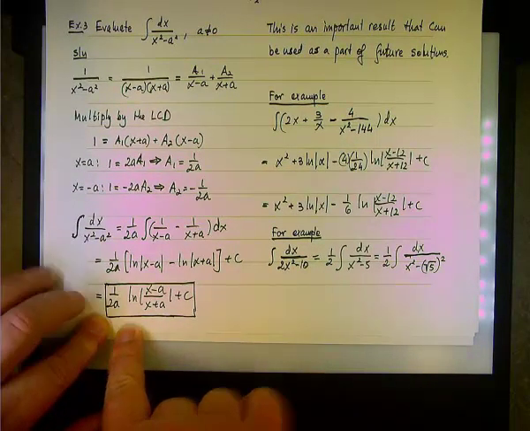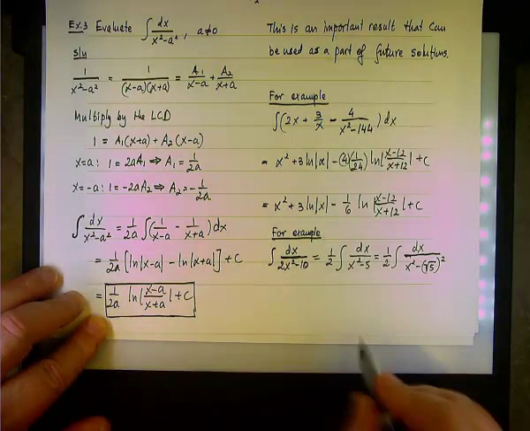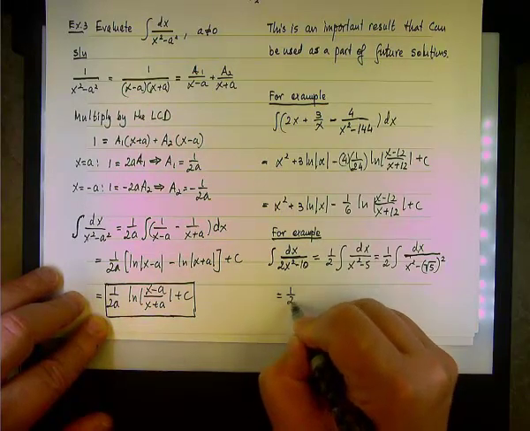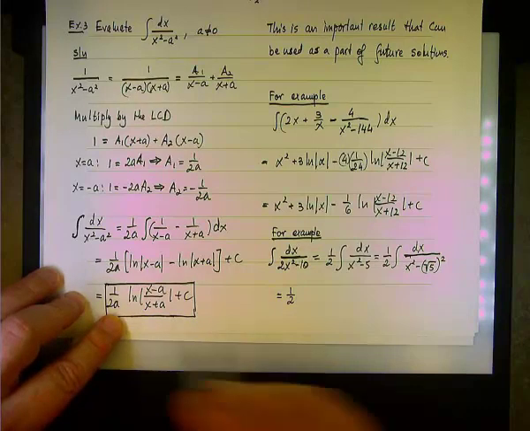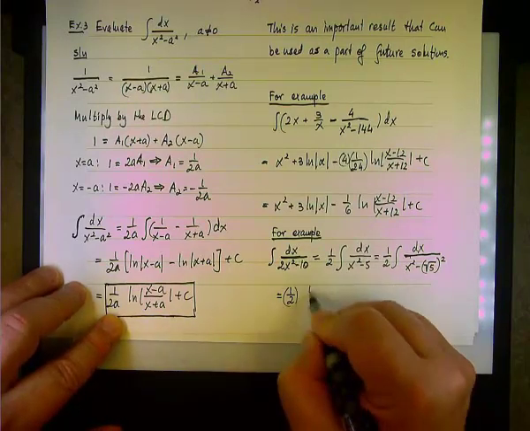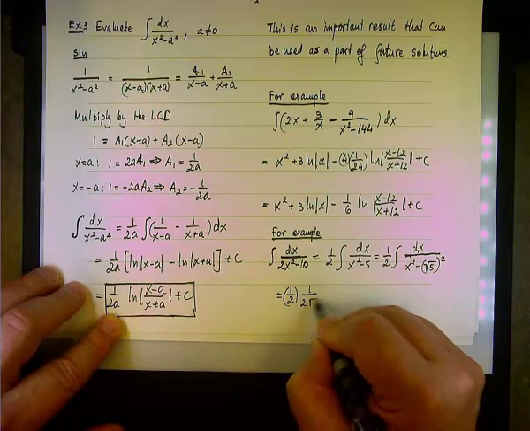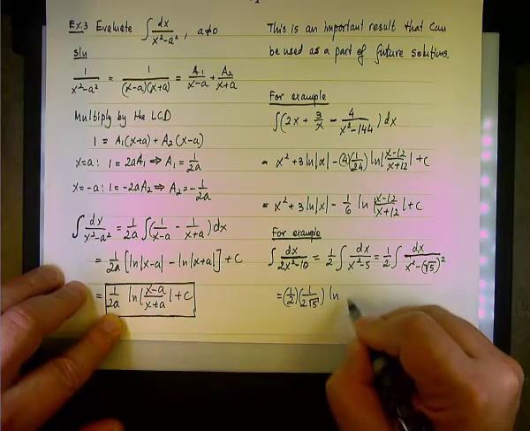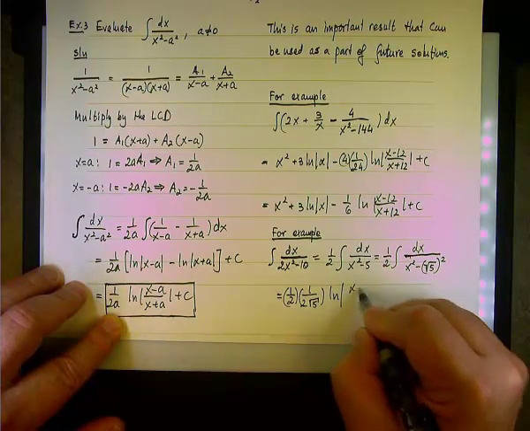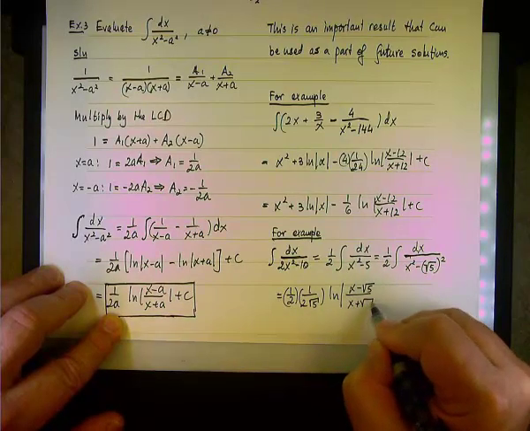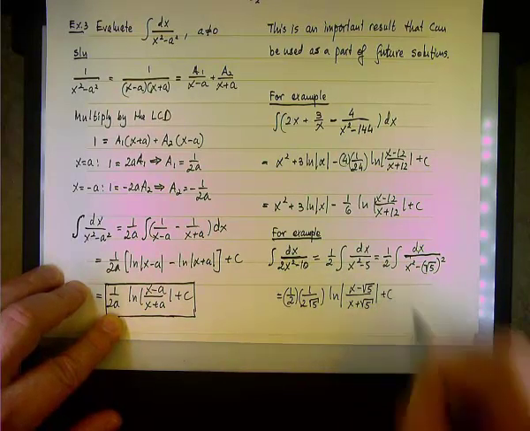That's why I said it's a very important result, what we have here, because I can write it as 1/2 times what? 1 over 2a. Well, a is the square root of 5, so times 1 over 2 square root of 5, and the natural log of the absolute value of x minus square root of 5 divided by x plus square root of 5 plus c.